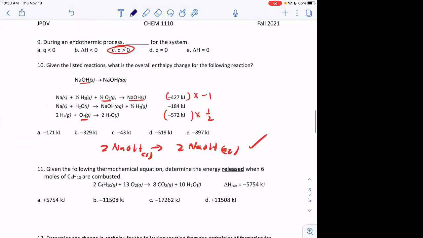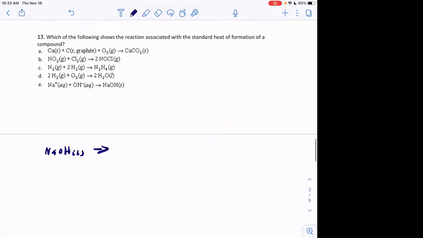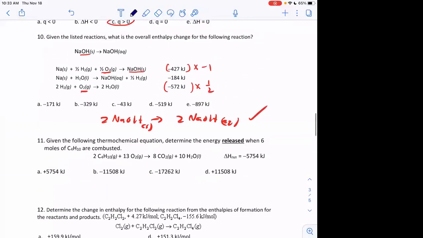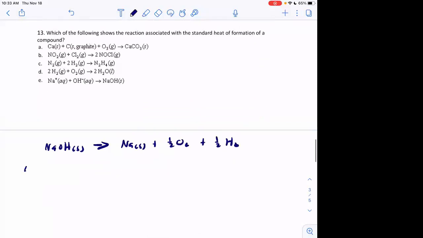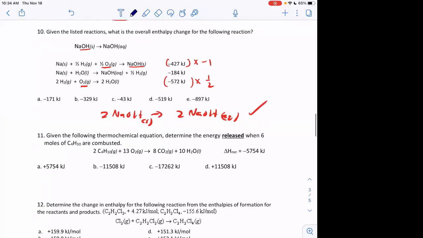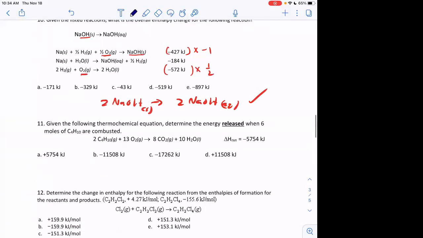Sodium hydroxide solid goes to sodium solid and 1/2 hydrogen and oxygen. Okay, that's the first one flipped, right? The second one we didn't do anything to, so it's just sodium solid plus water goes to sodium hydroxide aqueous and 1/2 a hydrogen.